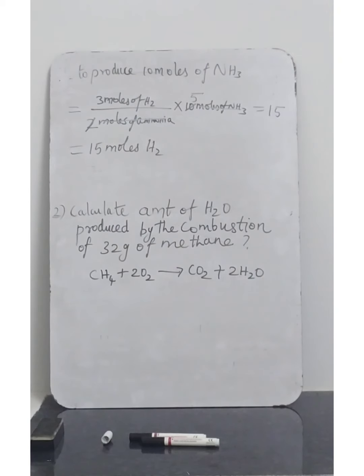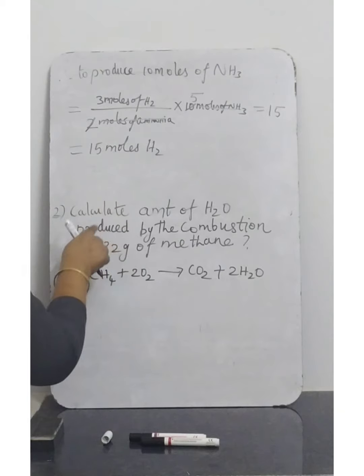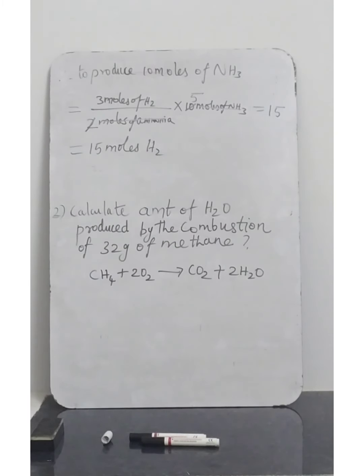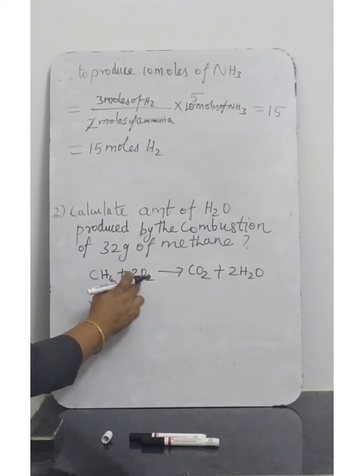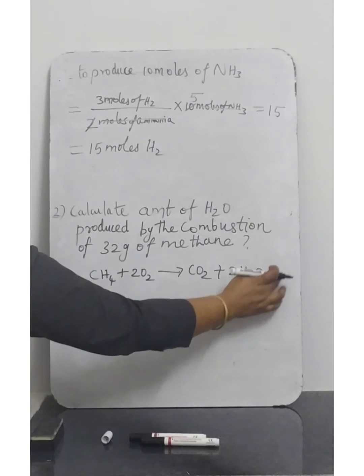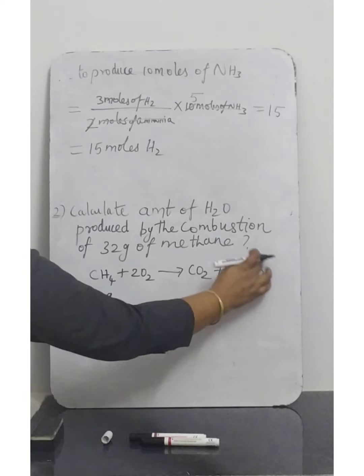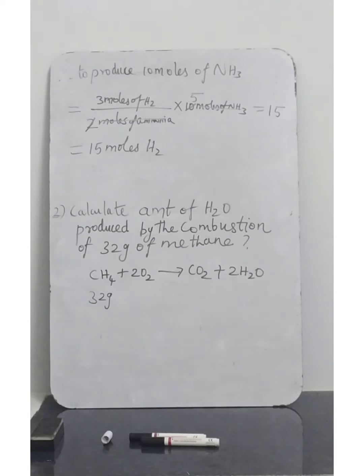Here the question is to calculate the amount of water produced by the combustion of 32 gram of methane. Understood? So 32 gram of methane will undergo combustion, how much water is produced?